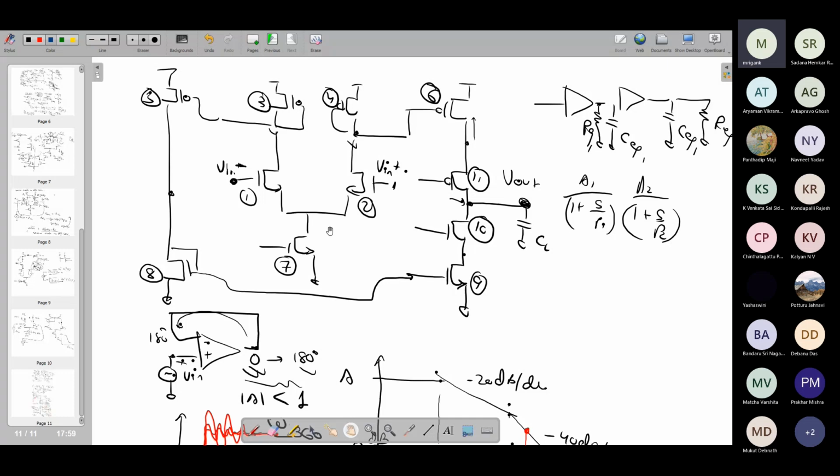Zeros come when you have additional capacitances in the path, like a feed forward path. Whenever you have a strong feed forward path emerging along with the actual signal path, that can create zeros. Suppose you have this CGD, and that is many times responsible for the creation of a zero.